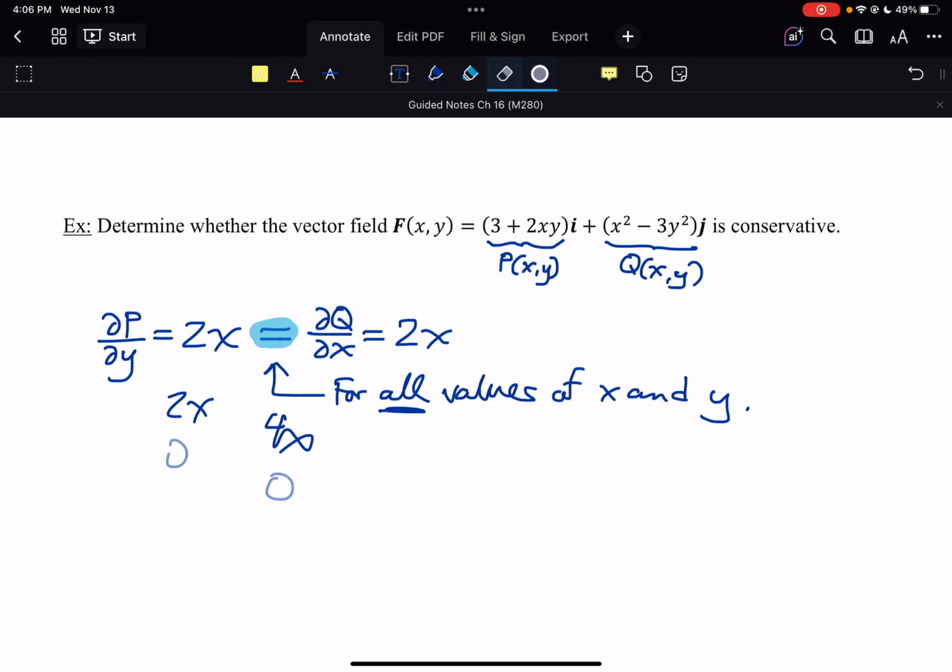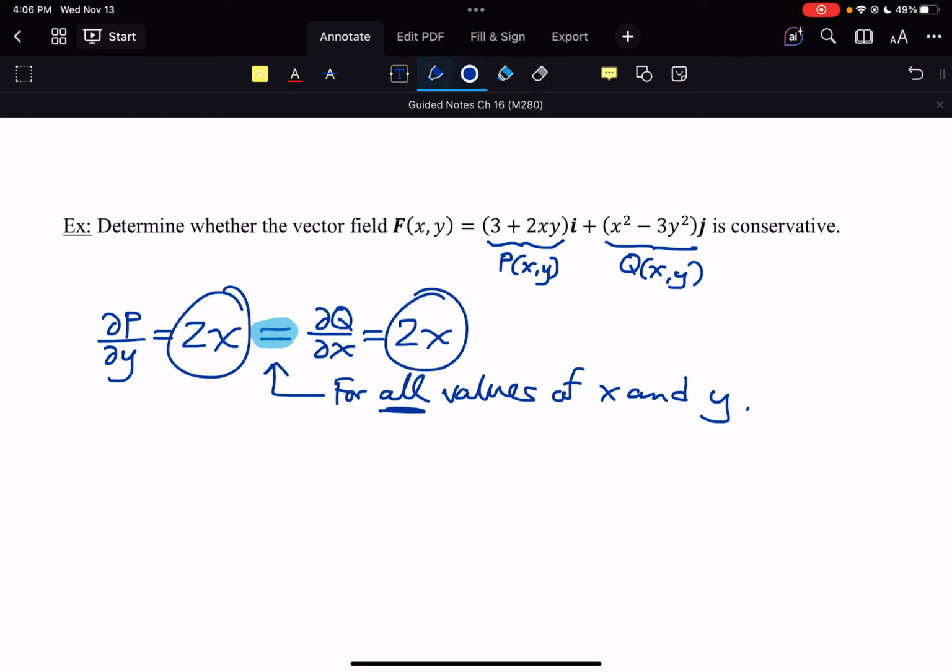It's not that you can find a number that makes them equal, it's that they have to always be equal for every number. So if I plugged in x equals 1, these two would not be equal. But for this one, I can plug in any values I want, and they will always be equal. So that's the key idea.